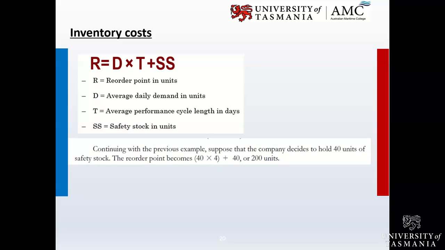So when there is uncertainty, for example, the safety stock is 40 units, in this case, the reorder point should be 160 plus 40. So it will be 200 units. So for the company, when the level of inventories falls to this level, the company needs to make an order.